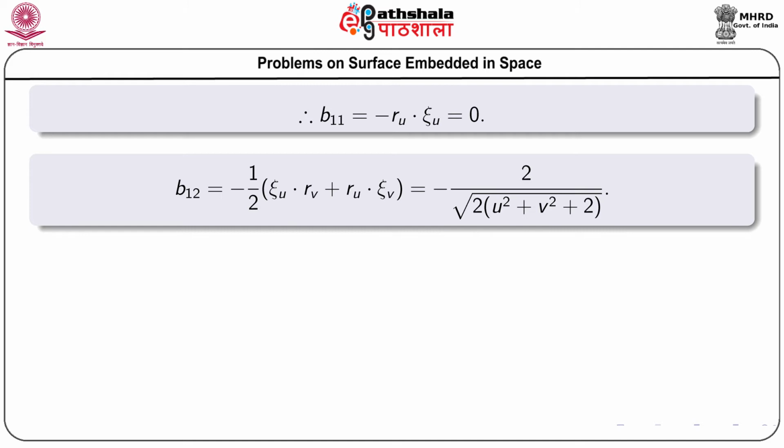B 1 2, from the definition of the coefficient of second fundamental form, is equal to minus half of xi u dot R v plus R u dot xi v, and that will come to minus 2 by root over 2 u square plus v square plus 2.